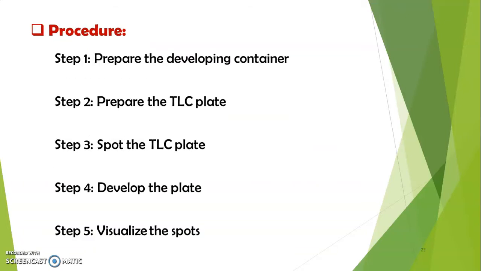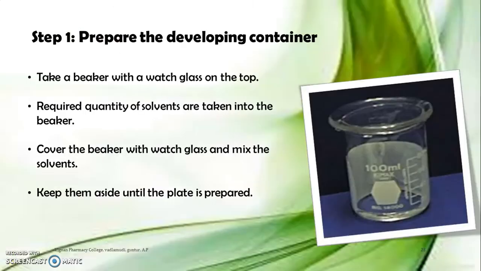So now, for today's practical, we have to perform the procedure in 5 different steps. The first step is preparation of the developing container, then preparation of the TLC plates, then spotting the TLC plate, developing the plate, and visualizing the plates for the spots.